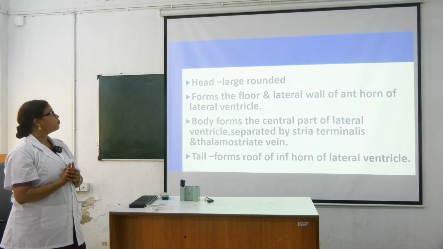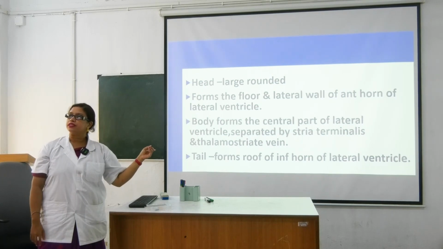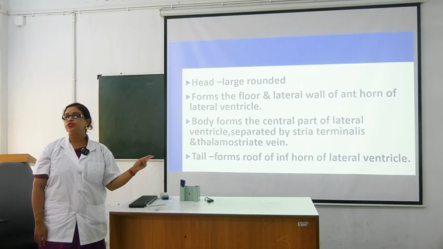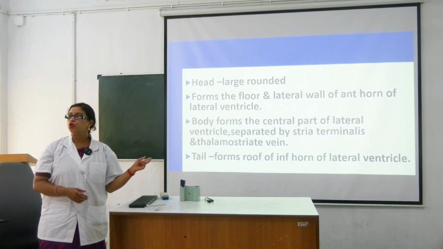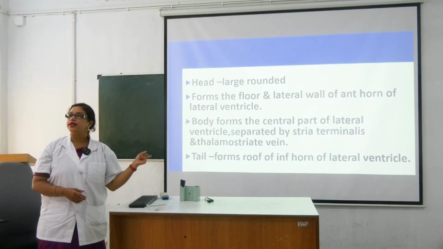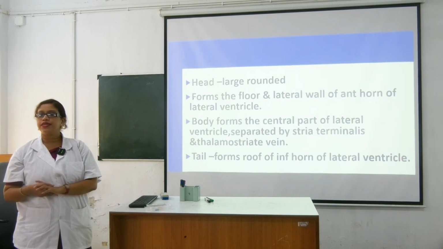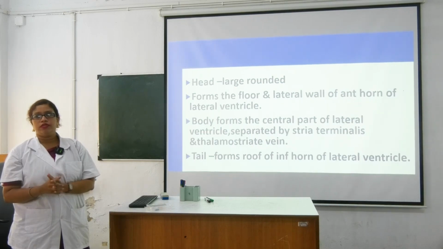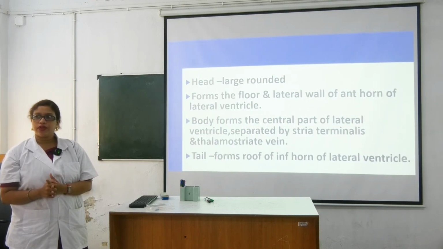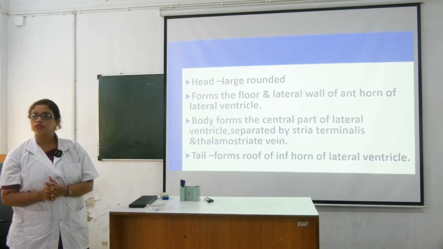Then the body forms the central part of the lateral ventricle. This I have already discussed. We have shown two important structures; you will see frequent MCQs come on them: stria terminalis and thalamostriate vein. The central part of the lateral ventricle is also related to the body of the caudate nucleus.